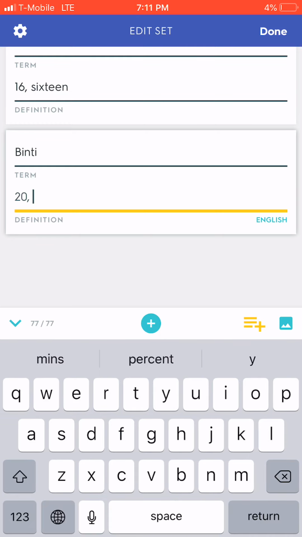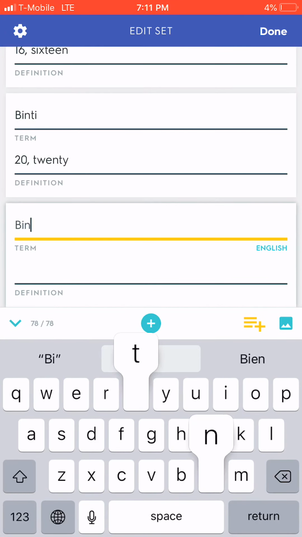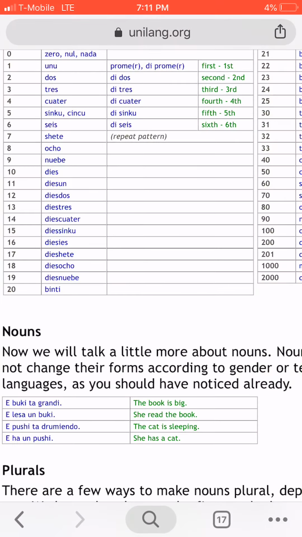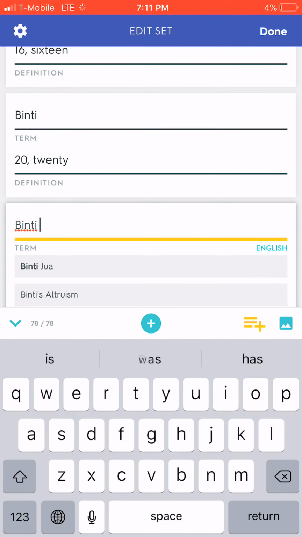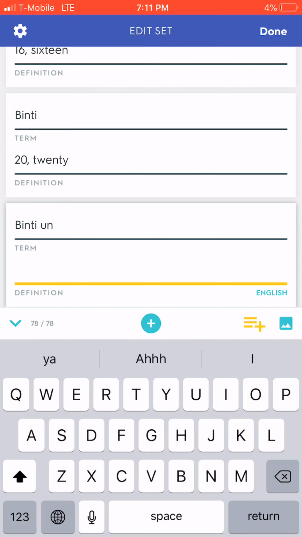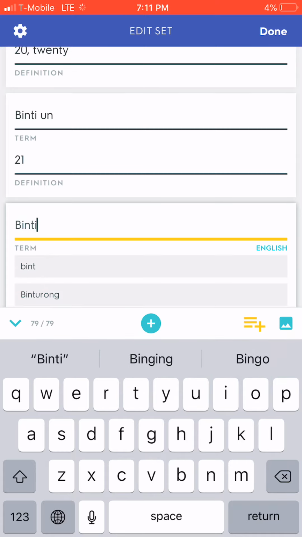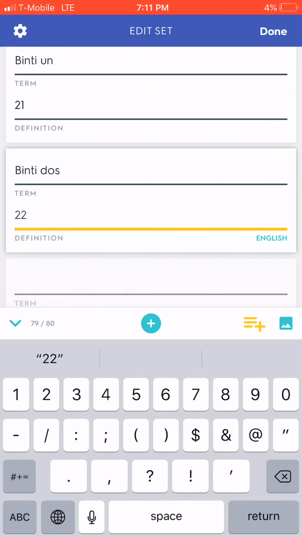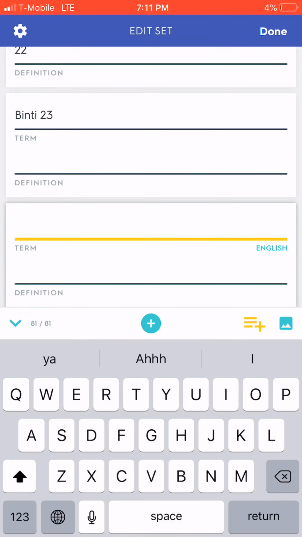So 20, and then 21 would be, or is it, it's 21, right? Because 21 is 21. It's actually 2 words here according to the lesson. 22. 23, just to show people the examples here that we're going to do.